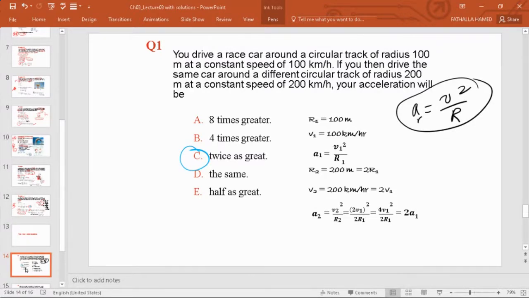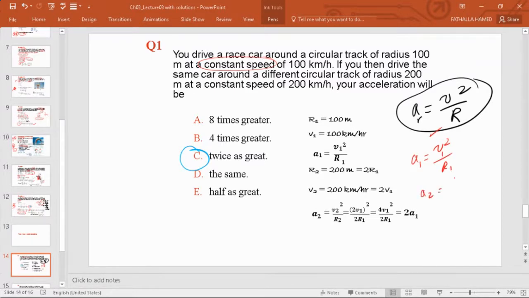Well, they're telling you that you're going with constant speed, so you know it's uniform circular motion, and the only acceleration you have is the radial acceleration, which is v squared over r. In the first case, your speed is 100 kilometers per hour and your radius is 100. In the second case, your speed doubles and your radius doubles. So A1 equals V1 squared over R1.